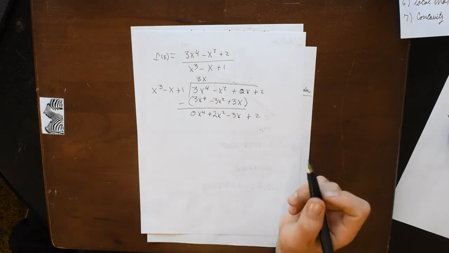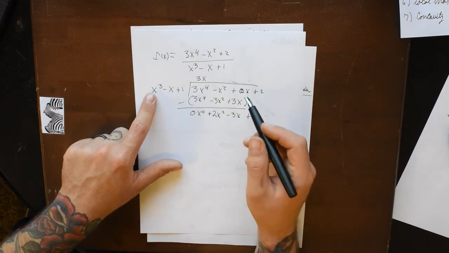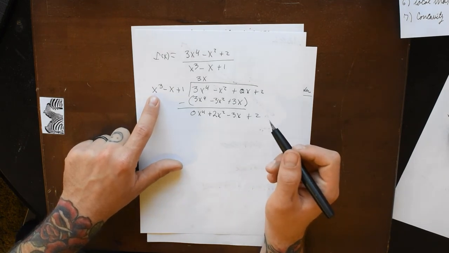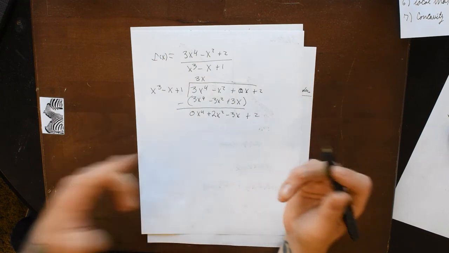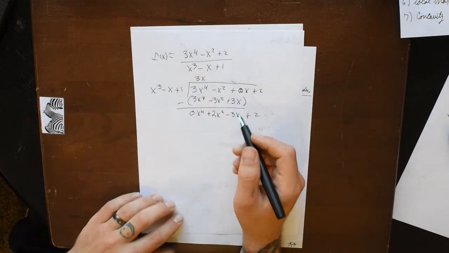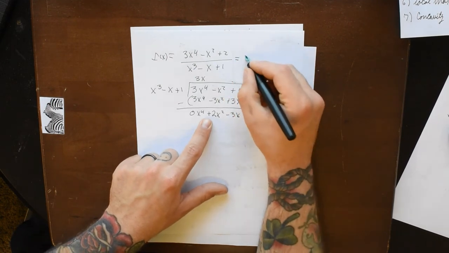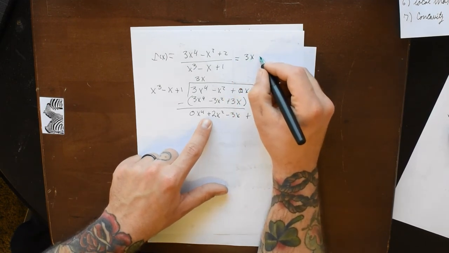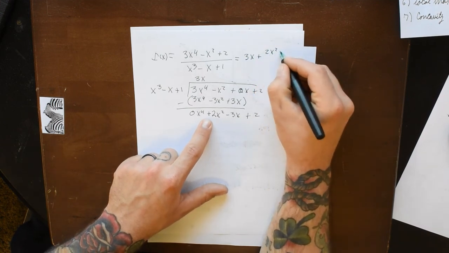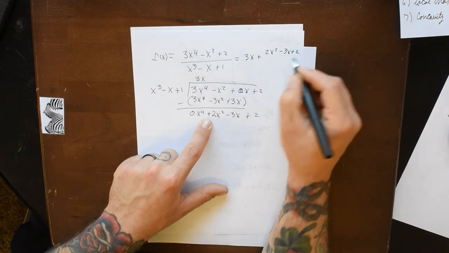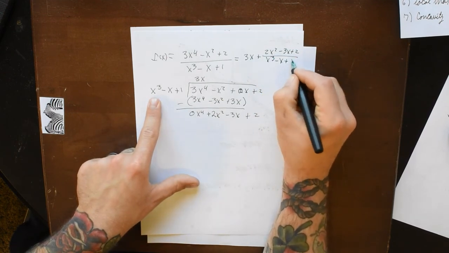Perfect. Then we would have to ask ourselves, what would we have to multiply x cubed by in order to make it a 3x squared? And we go, well, we can't. So we know that this thing is equal to 3x, plus 2x squared minus 3x plus 2 divided by x cubed minus x plus 1.